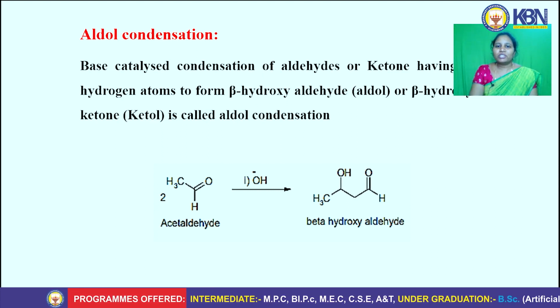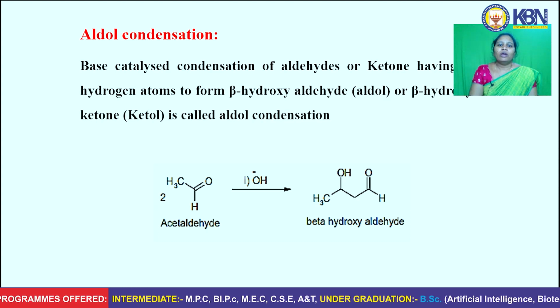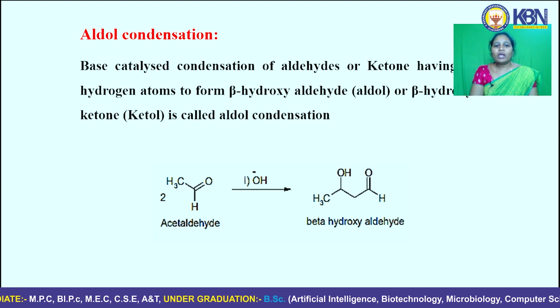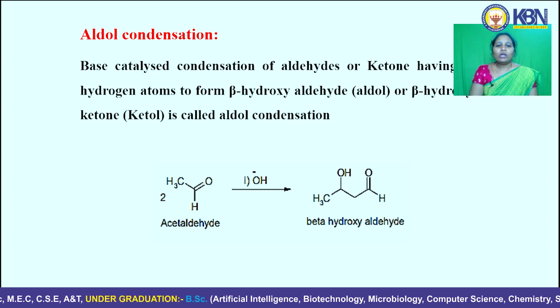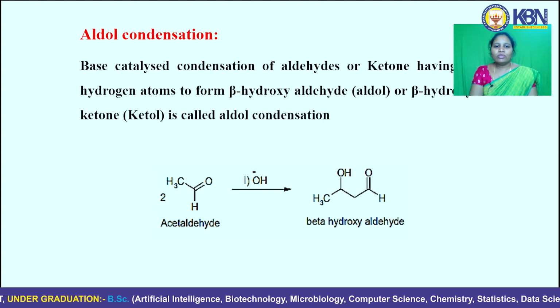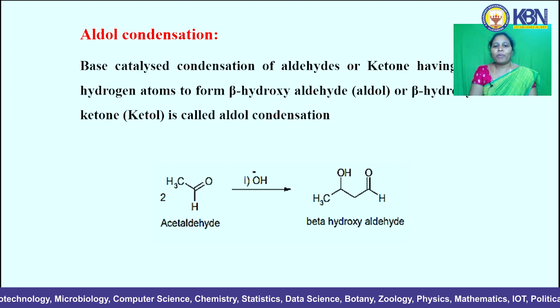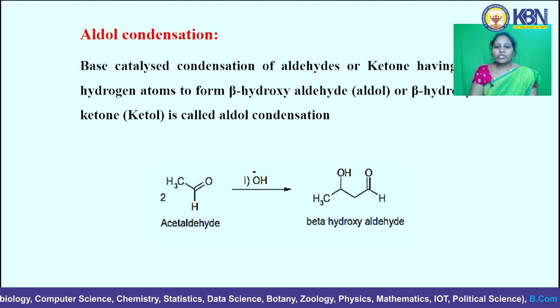The first necessary condition for a compound to participate in aldol condensation is that the carbonyl compound, whether it is an aldehyde or a ketone, must have the alpha hydrogen. Those compounds having the alpha hydrogen are able to participate in the aldol condensation and form a resultant compound called aldol.